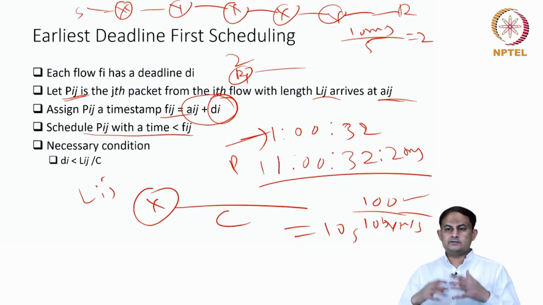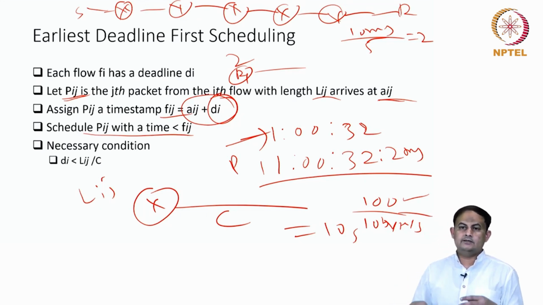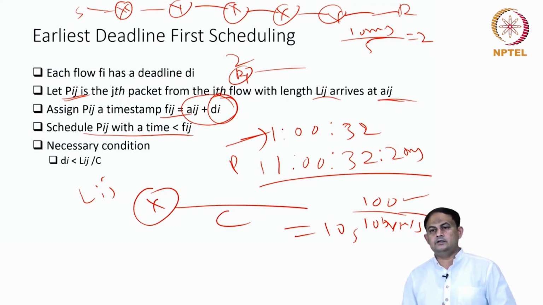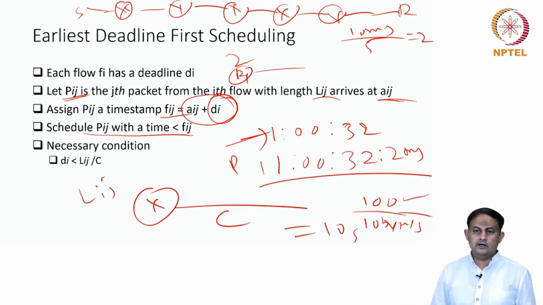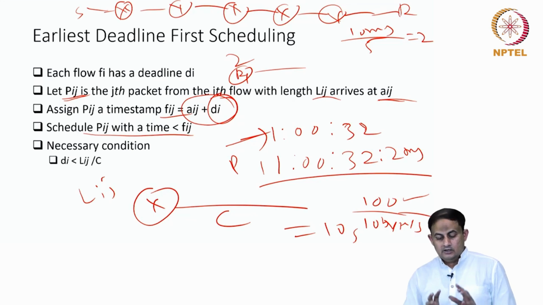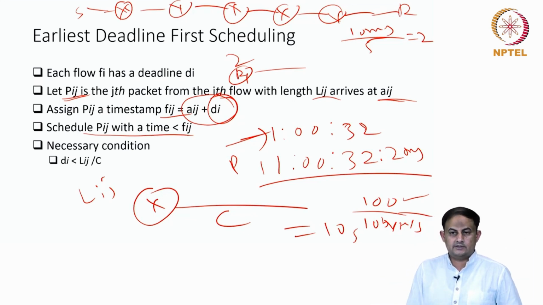This turns out to be a necessary condition, but it is not a sufficient condition. Having said that, even if every transmission takes less time than the deadline the packet has, the earliest deadline first schedule may still not be feasible. I will leave it as an exercise to figure out why this is not a sufficient condition.